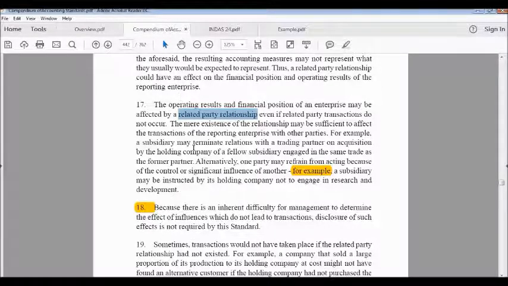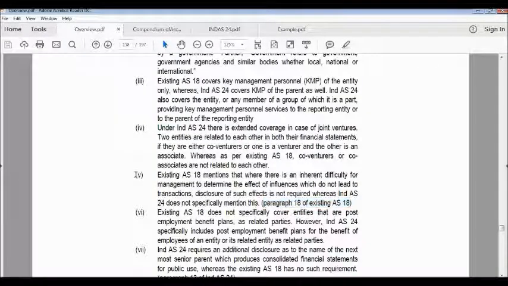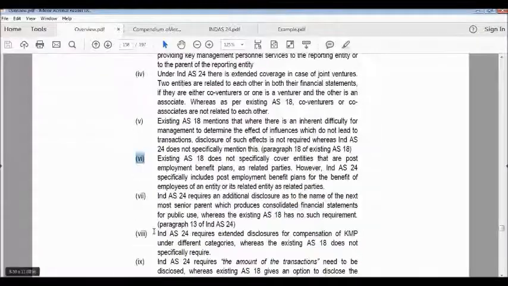Earlier there was clarity that disclosure of such effect is not required, but now because there is no such paragraph, we can conclude that you have to disclose such effect even where there is no transaction with the related party. That's why paragraph number 5 is also there.